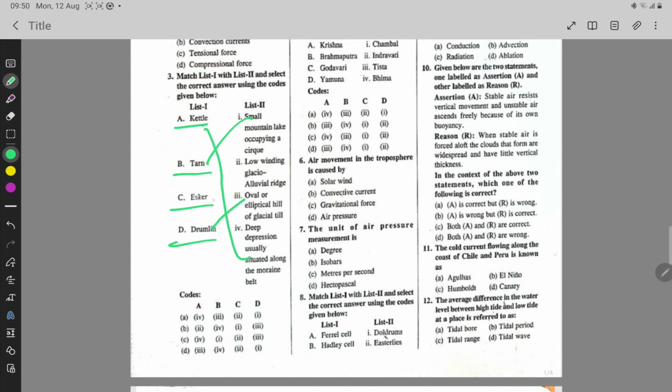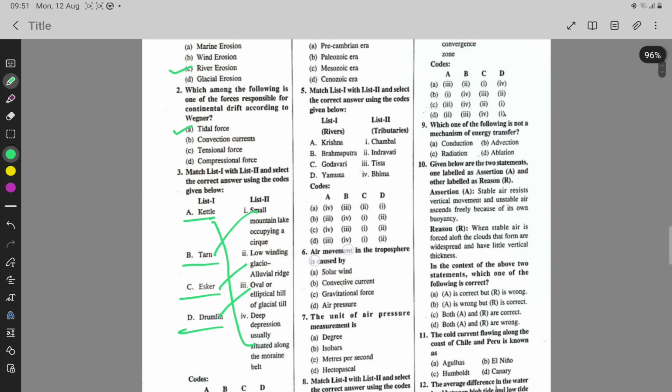So esker will be low winding glacial alluvial ridge. So A4, B1, C seems to be the correct answer. Yes. Let's move on to the next question.